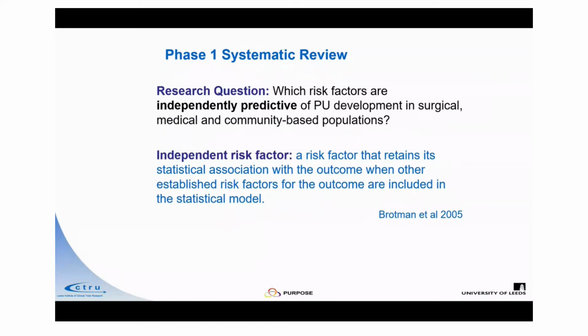For example, mobility might knock out something like incontinence, because you're more likely to be incontinent if you're also immobile. So it's trying to understand what the different associations are between the risk factors and which ones are actually the dominant ones.